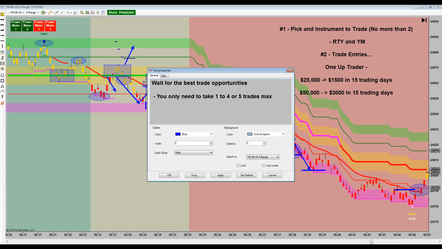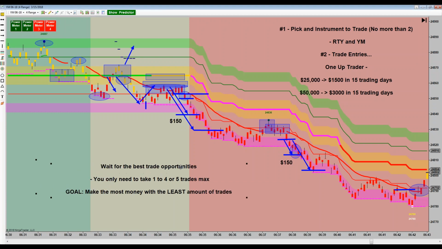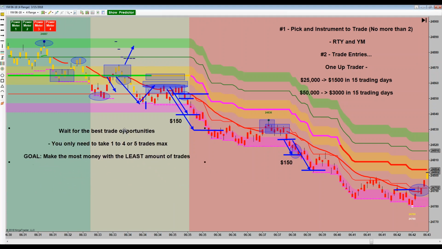Oh, and let me make this very clear. Our goal is to make the most amount of money with, and this is important, the least amount of trades. Everybody understand that? Our goal is to make the most amount of money we can with the least amount of trades. Not the most amount of trades, the least amount of trades.